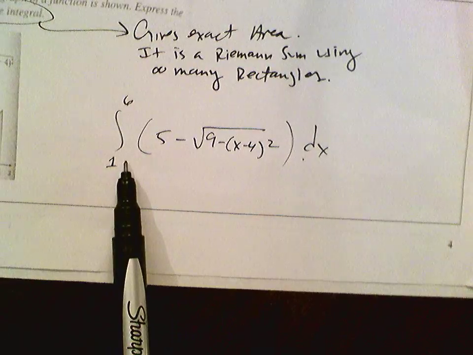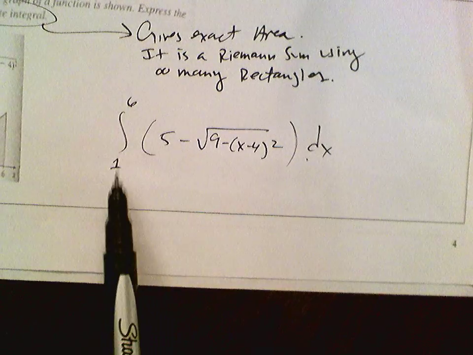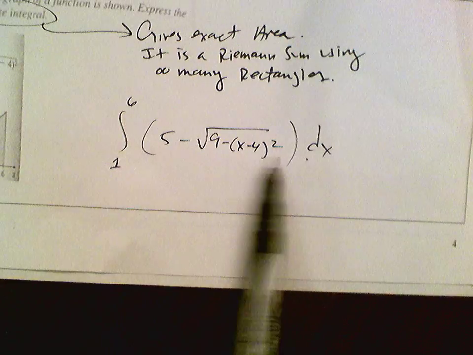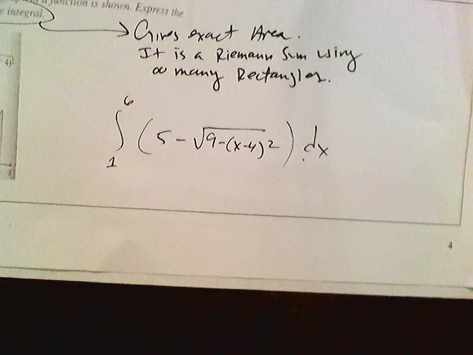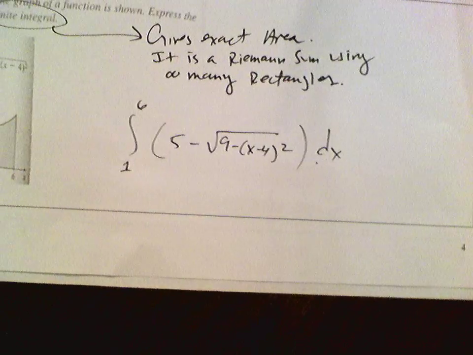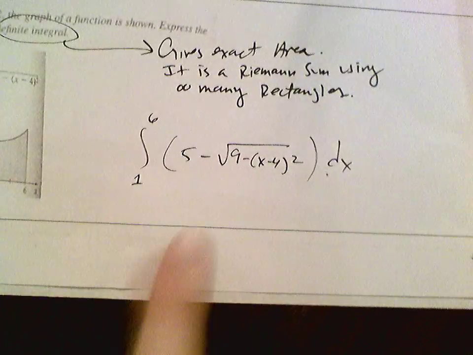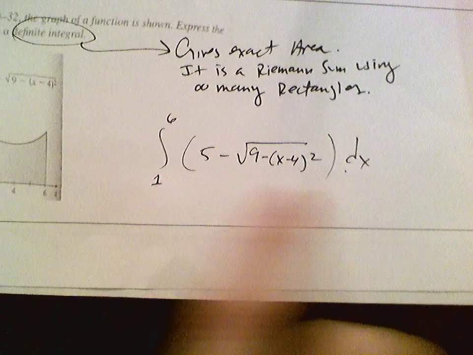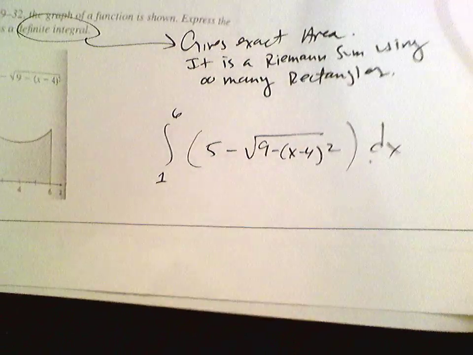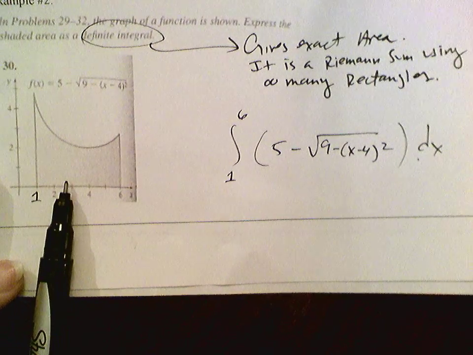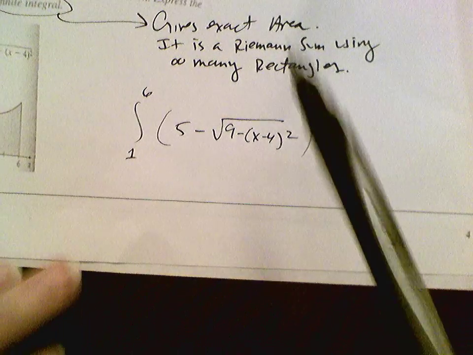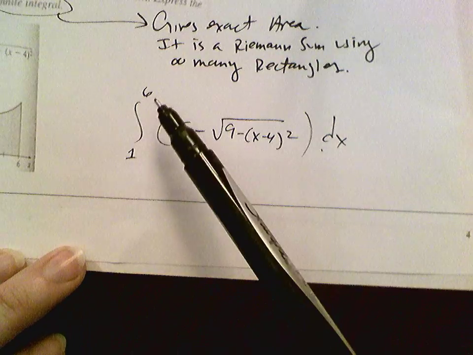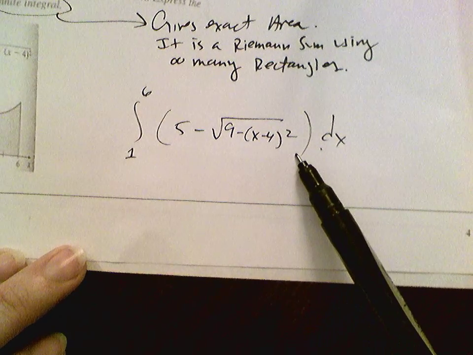So it's a sum of infinitely many rectangles over that interval underneath this function. And the dx actually stands for delta x. That's where the language came from. So that's it. This is how you say in the language of calculus the exact area under that curve. And the way it's read is the integral from 1 to 6 of this function.